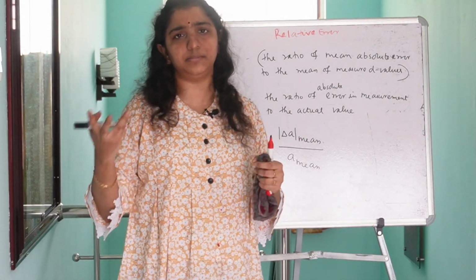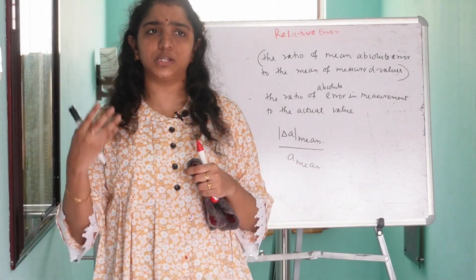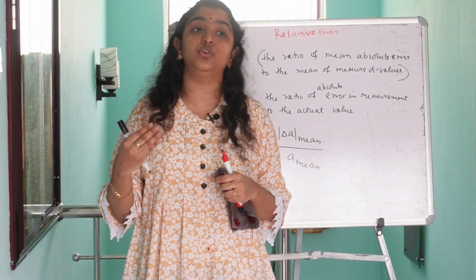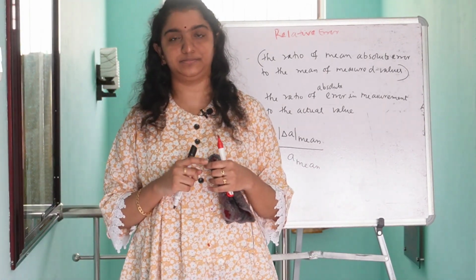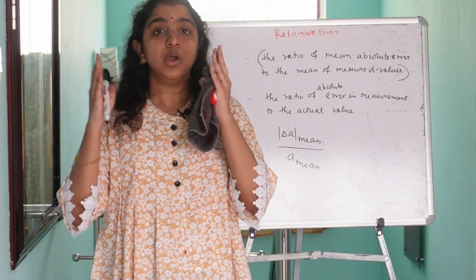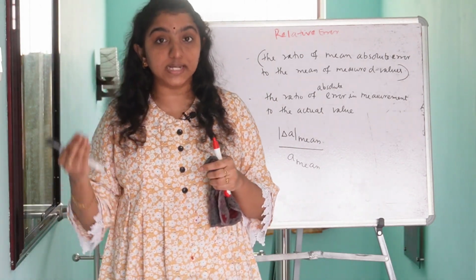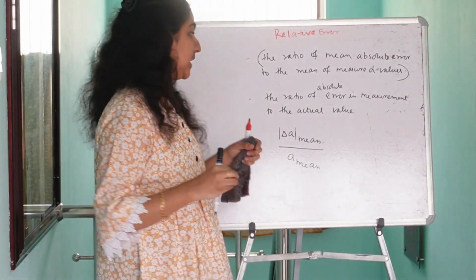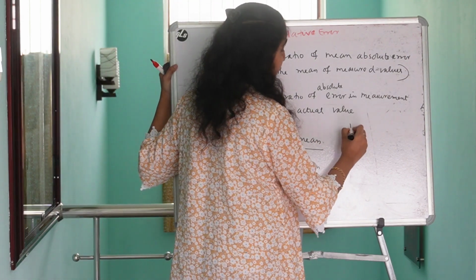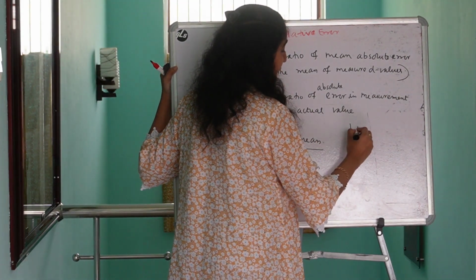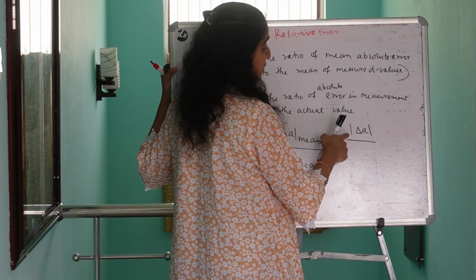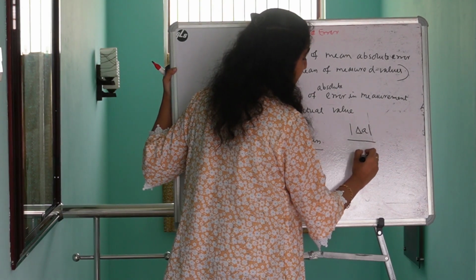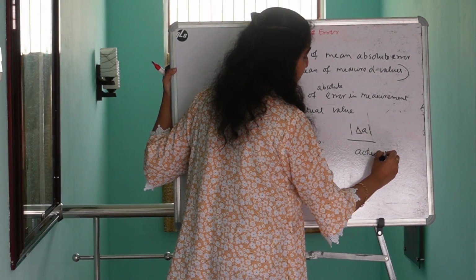Sometimes they may provide you in the questions with values such as an actual value and a single measurement. If it is provided like that, then you have to find the absolute error and then divide it by the actual value.